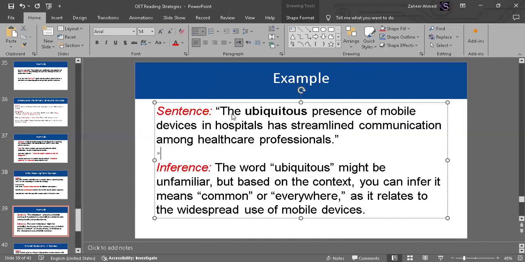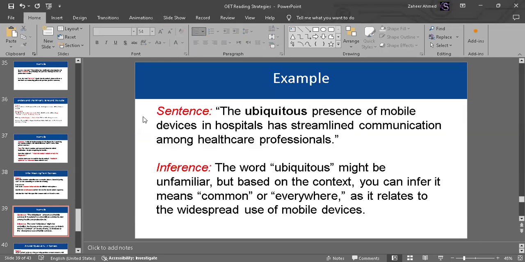Now I'm talking about how to know the meaning of a peculiar word or unfamiliar word that you find in OET, and you are supposed to give the meaning of it. So the question may ask you, what does it mean? Let's say you see this sentence: "The ubiquitous presence of mobile devices in hospitals has streamlined communication among healthcare professionals."